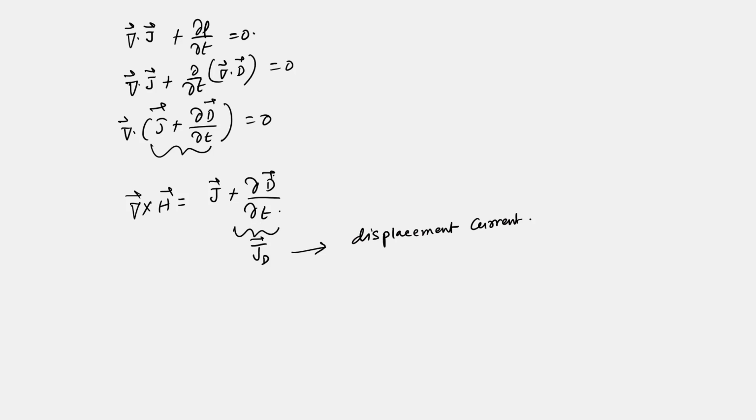It was later realized that this current is important, and this current is a transient current, and one can actually show that it exists by taking a simple example of a capacitor. The main thing is that Ampere's law really failed for non-steady currents or time varying currents.